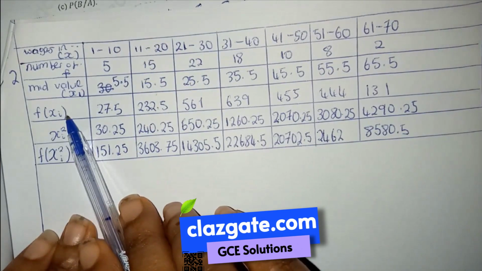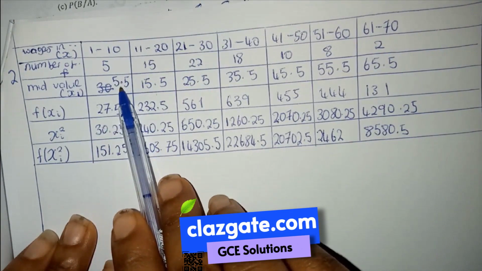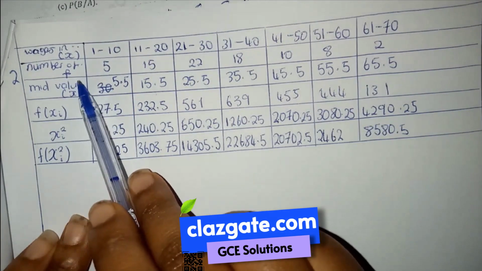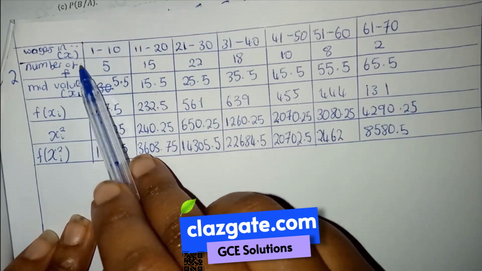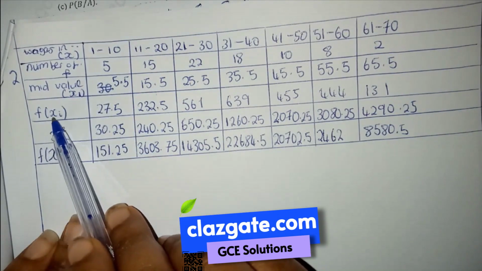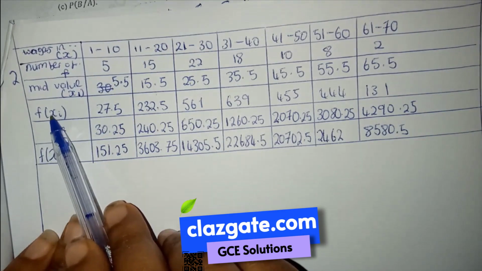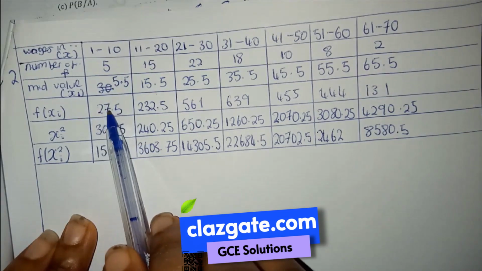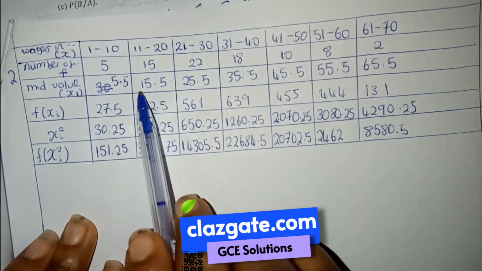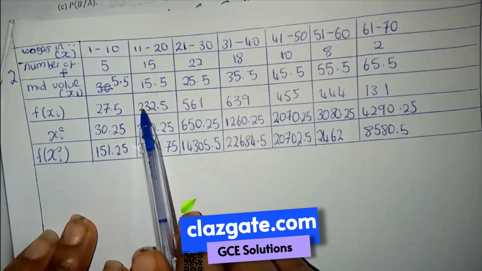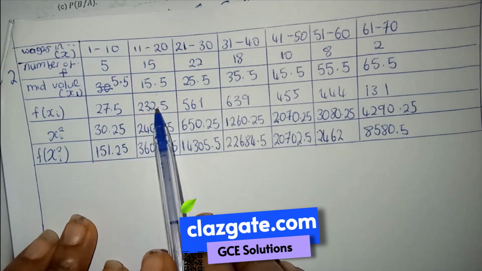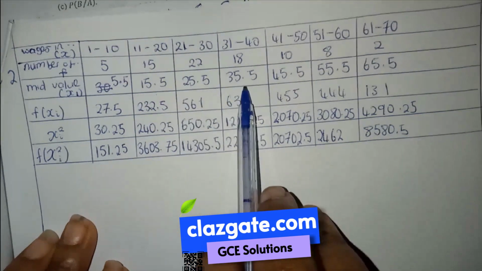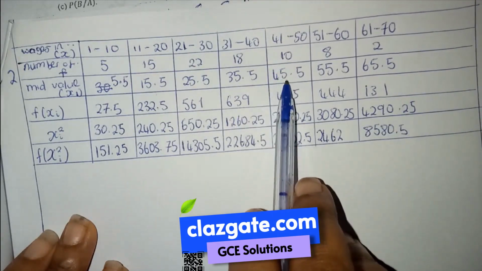And then f of xi. What is f of xi? 5 times 5.5 is 27.5. So this column is the mid value column times the frequency. That's xi times f. 5 times 5.5 is 27.5. 15 times 15.5 is 232.5. 22 times 25.5 is this. 18 times 35.5 is this. 10 times 45.5 is this.